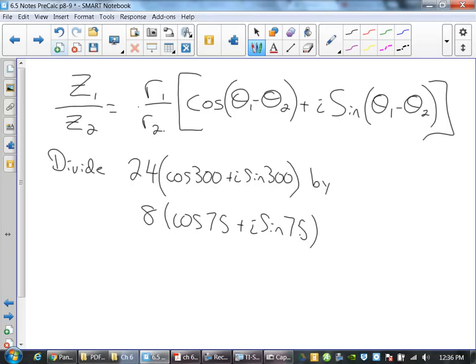The first set of values are your Z sub 1. The second set is obviously the second set.